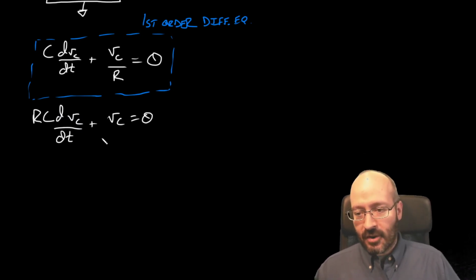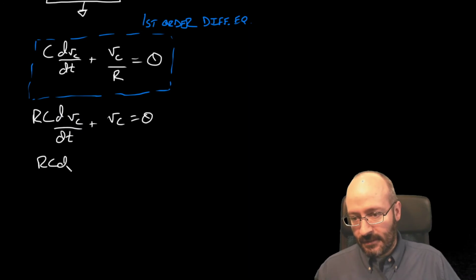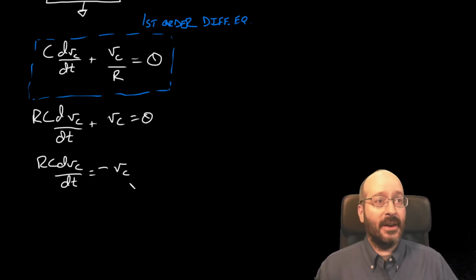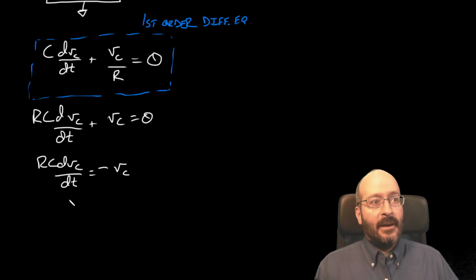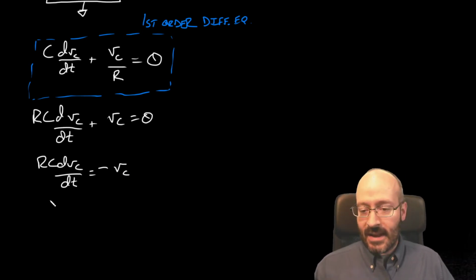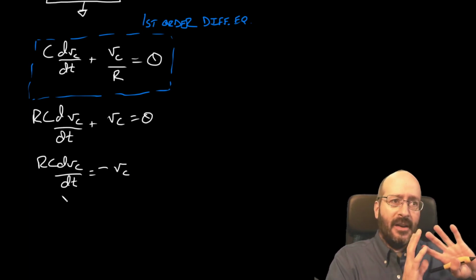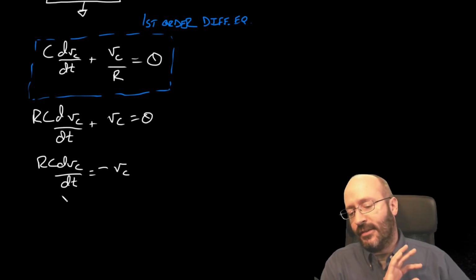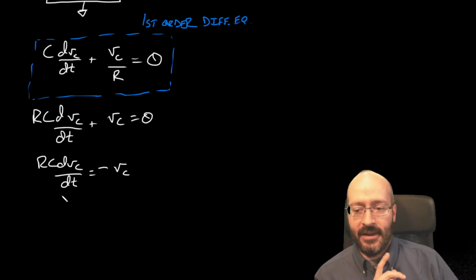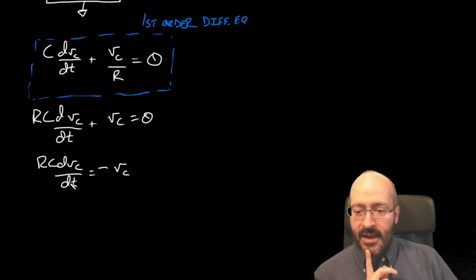Bringing this term over, RC dVc of dt equals negative Vc. So we subtract it from both sides and we get a negative on that side. Now the goal here is to get all of our t's over on one side and all of our Vc's over on the other side, if we can get away with that. We can actually break this up because this is the derivative.